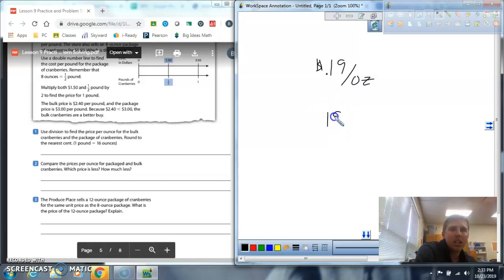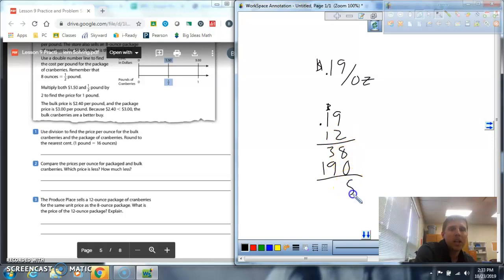Okay, so you take that 19, and that's 19 cents times 12 ounces, because this is only for 1 ounce. All right, so we got 9 times 2, 18. 2 times 1 is 2, plus 1 is 3. 1 times 9 is 9. 1 times 1 is 1.